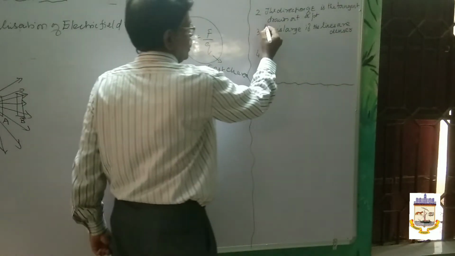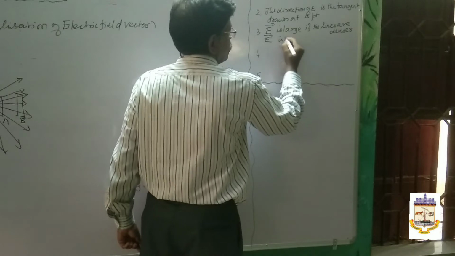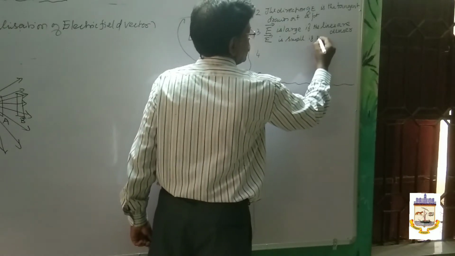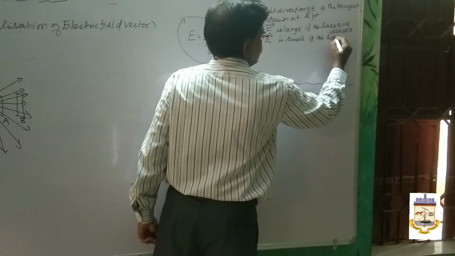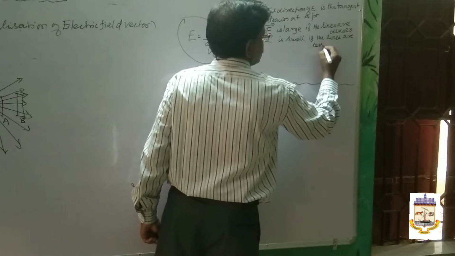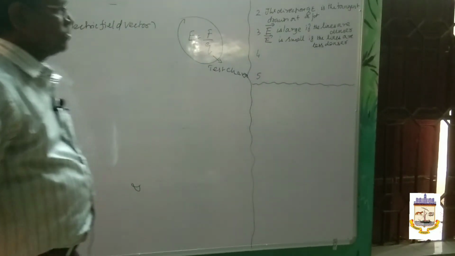What is E? The electric field. E is small if the lines are less dense. This is the rule number 3.